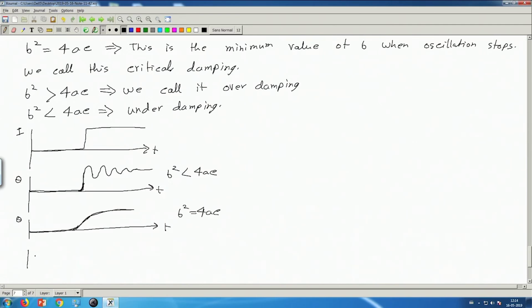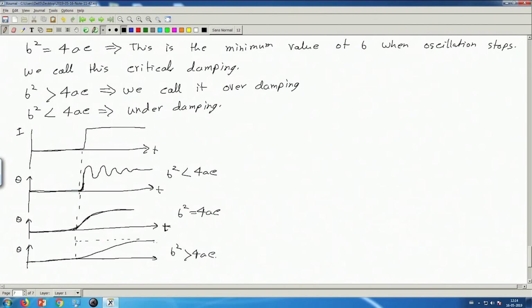If we increase B further, it will reach the final value again without any oscillation, but it will now take longer time. So this is the condition for B square greater than 4AC.